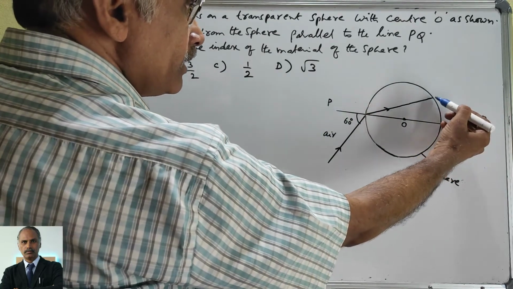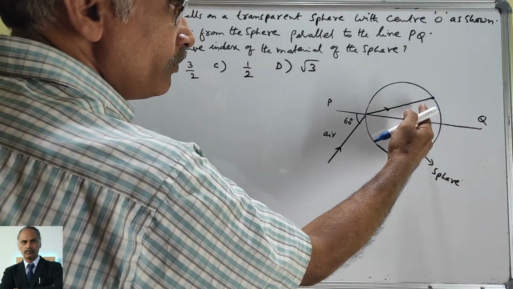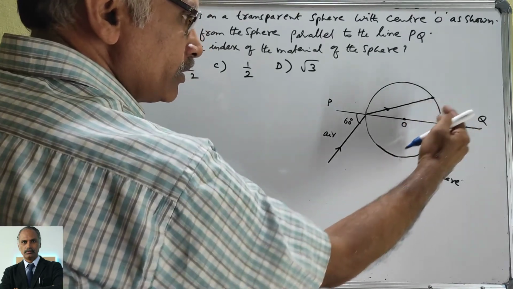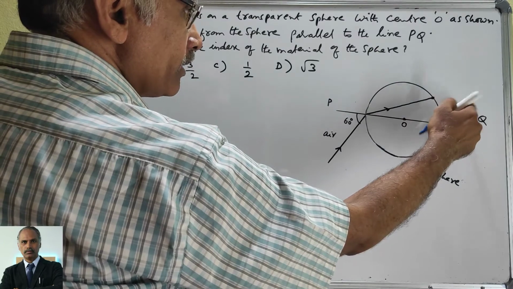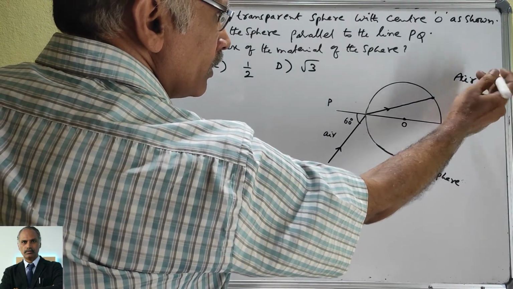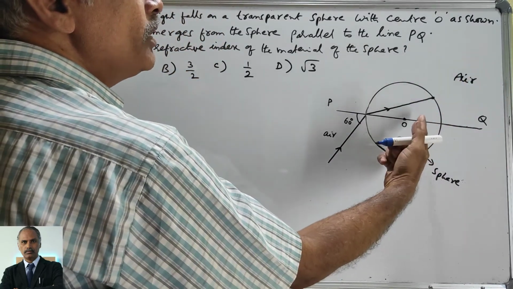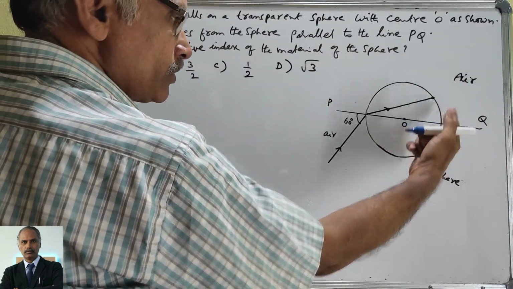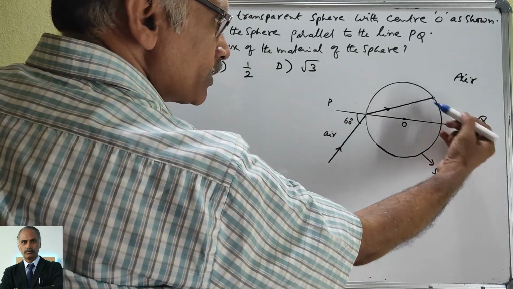And again at this point, the light ray is traveling from denser to rarer, from the sphere material, which is denser, to rarer, which is air again on this side. So the light ray coming from denser to rarer bends away from the normal. So we draw a normal at this point.